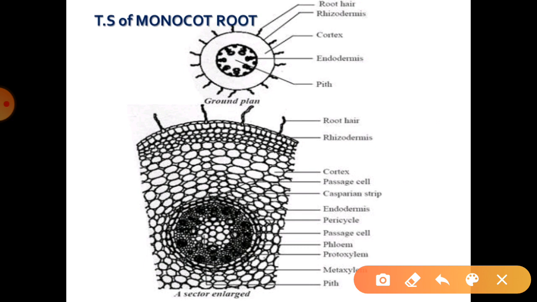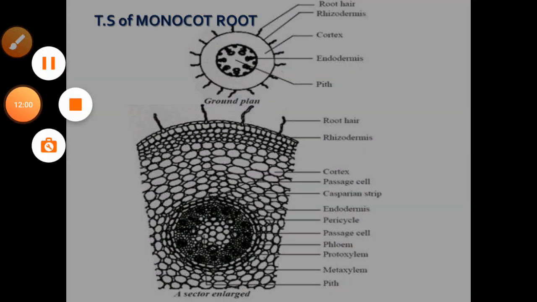Generally there is the presence of root hairs, and the endodermis with passage cells, as I have told you, these passage cells allow the absorption of minerals and water. There is the presence of the pith, the radial bundles are more than 8, the xylem is always exarch, and the endodermis is present in this plant.